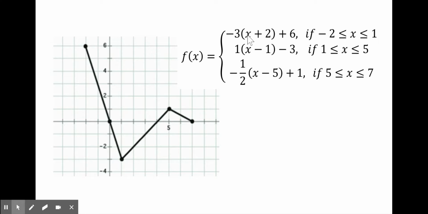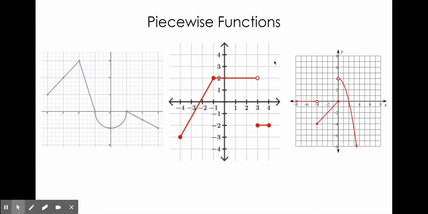So when x is 1, 1 plus 2 is 3, times -3 is -9, plus 6, and we see -3 here. When x is 5, 5 minus 1 is 4, minus 3 is +1. So there's a relationship, if you always use that first point, between the x and y values of your point-slope form.